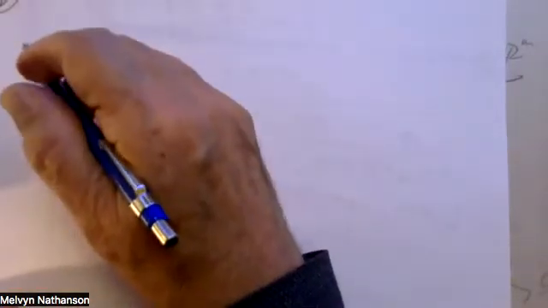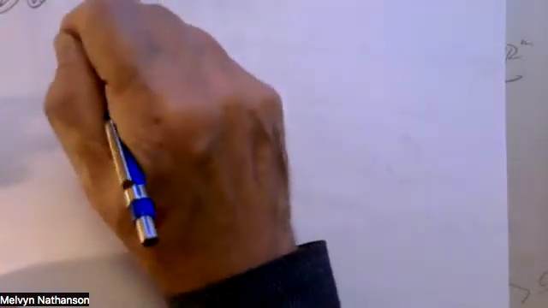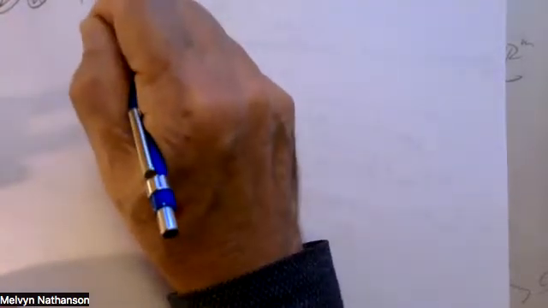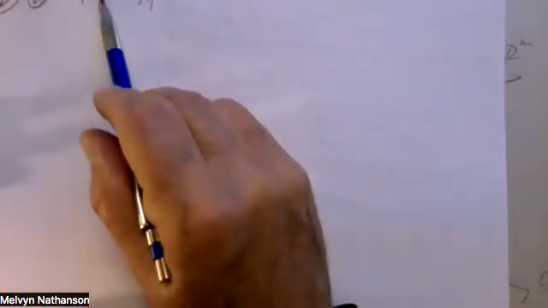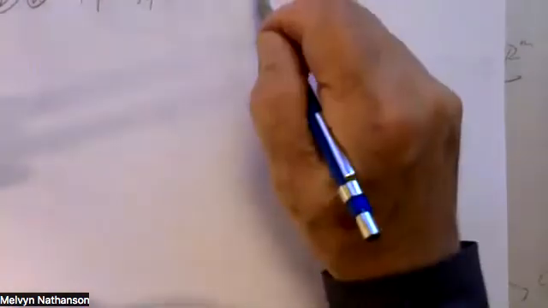What about problem number 2? So problem number 2, we have the differential equation xy prime minus 3y equals 0. We always like the coefficient of y prime to be 1, so we want to divide by x.